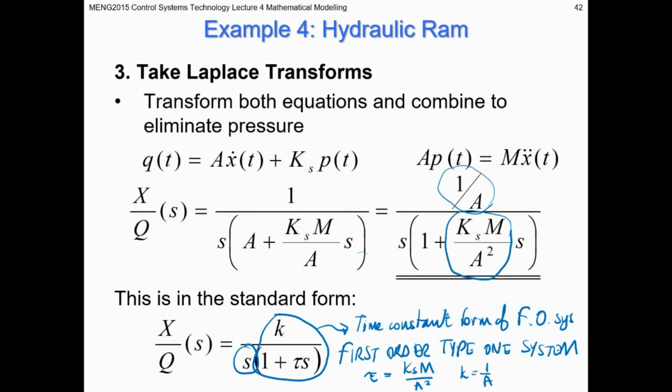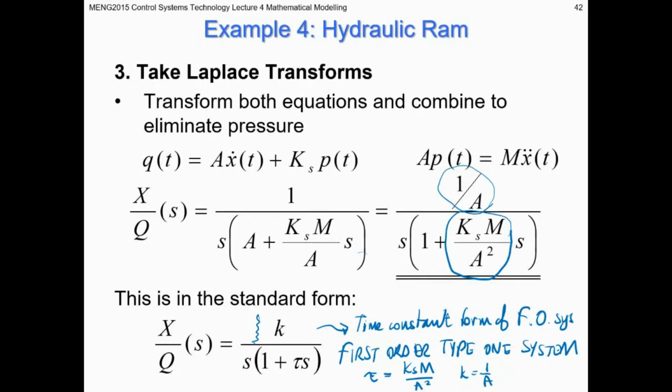So again, our time constant is a function of the elements in our system, as is our open loop gain. With this hydraulic ram, we've looked at a very simplified system that gave us a pure integrator, but then we added some assumptions around loss of fluid in the system and the mass of the piston, and by adding those elements back in, it turned into a different equation.